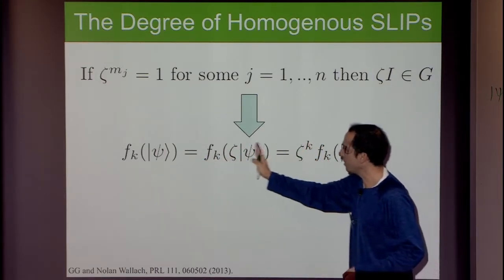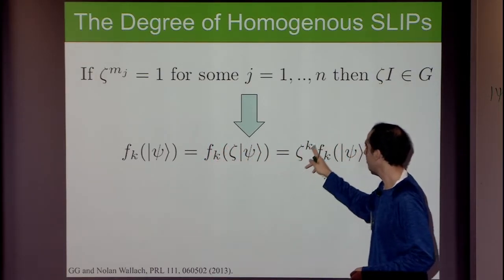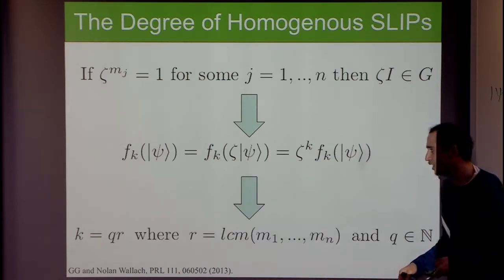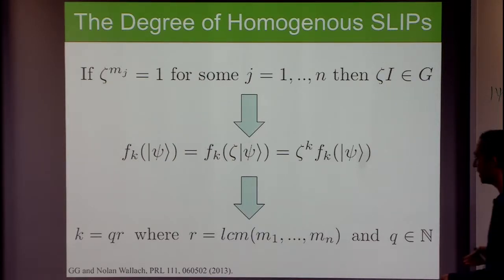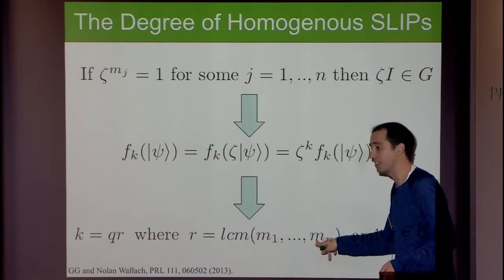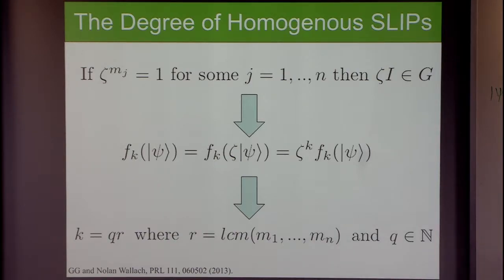But then I can take it outside because it's homogeneous of degree k, so we obviously get a condition on what the degree of the SL invariant polynomials could be, and they have to be the LCM of the different local dimensions.